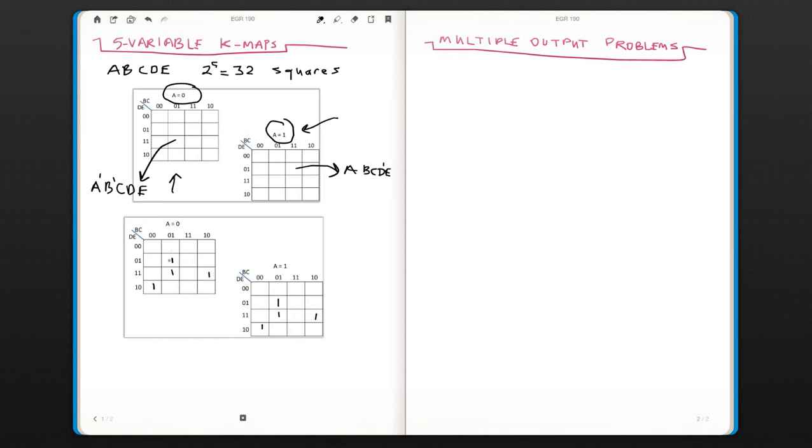So you would take these two with these two, so that would give you, since A is changing, A will drop, and then we will look at this. It's gonna be B naught, C, D is changing, E.